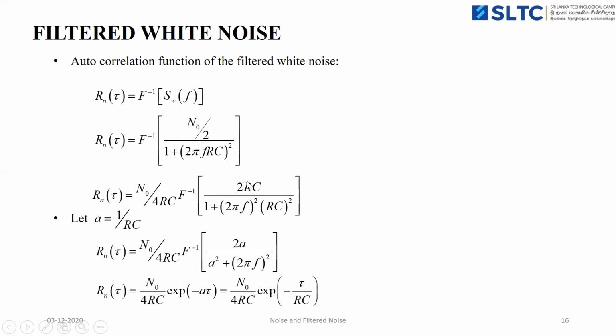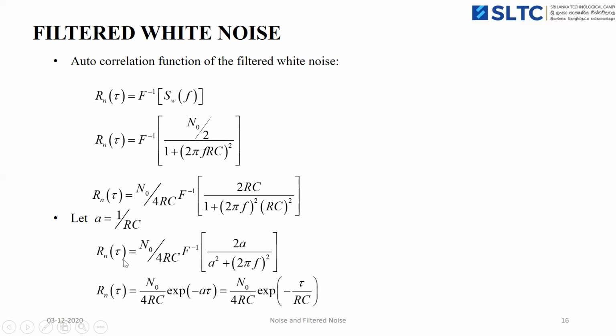Since N0 by 2 is taken outside, the numerator has 1, so for our convenience we multiply both numerator and denominator by 2RC. It becomes 2RC by 1 plus (2 pi f) whole squared, and RC is taken separately as RC whole squared. Then let A equal to 1 by RC.